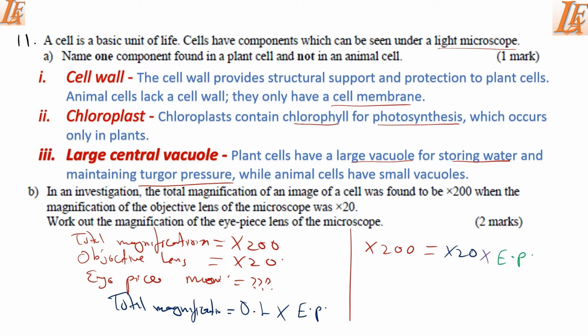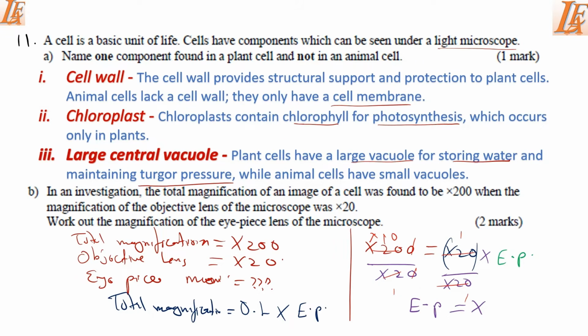To obtain the eyepiece lens magnification, we divide all through by times 20. This cancels out, then 200 divided by 20 is 10. So the eyepiece magnification is times 10.